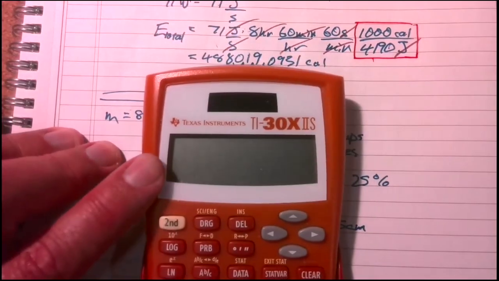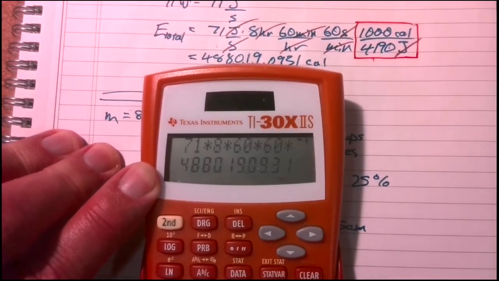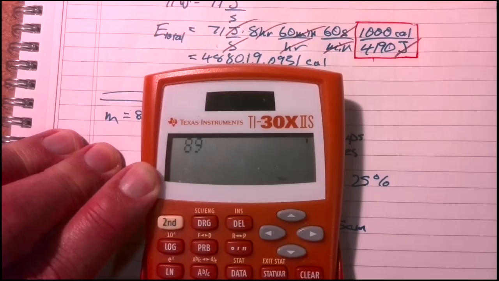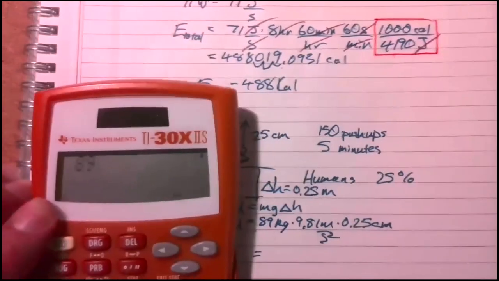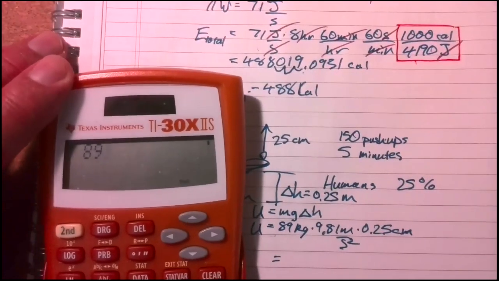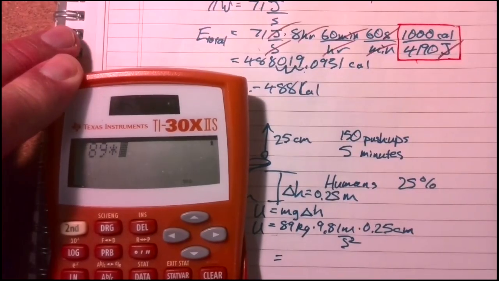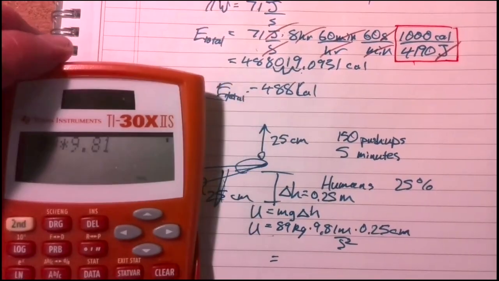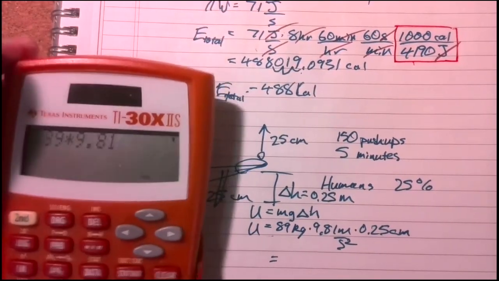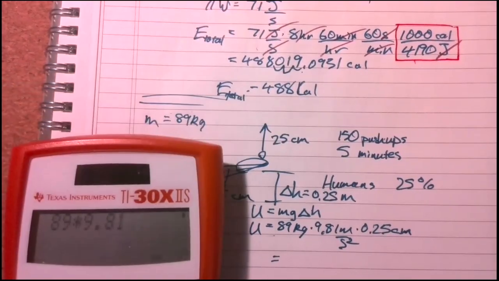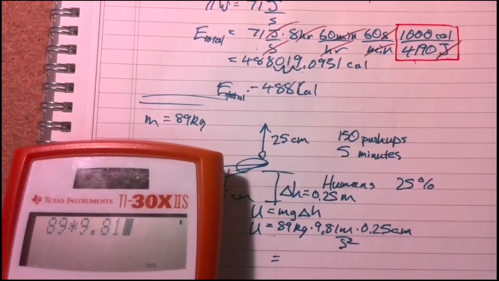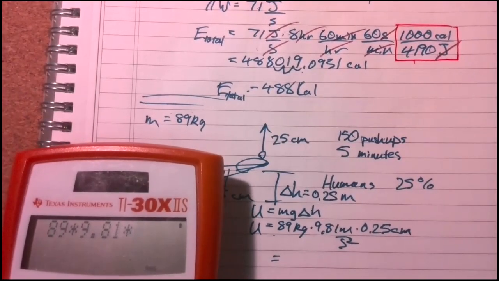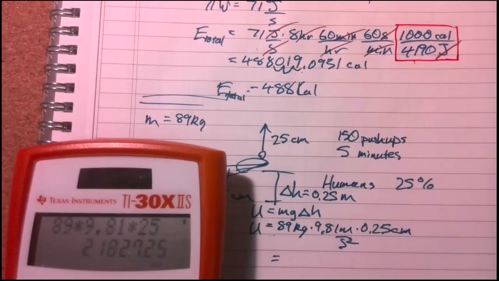We need to turn on our calculator. 89 times 9.81. All right, times 0.25.